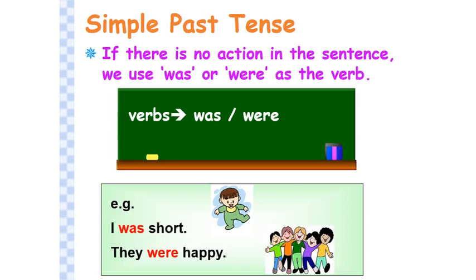Here was is used to describe the condition of the subject I. Second example, they were happy. Here were is used to describe the condition of the subject they. So was and were can be used in simple past tense to describe the condition of the subjects.